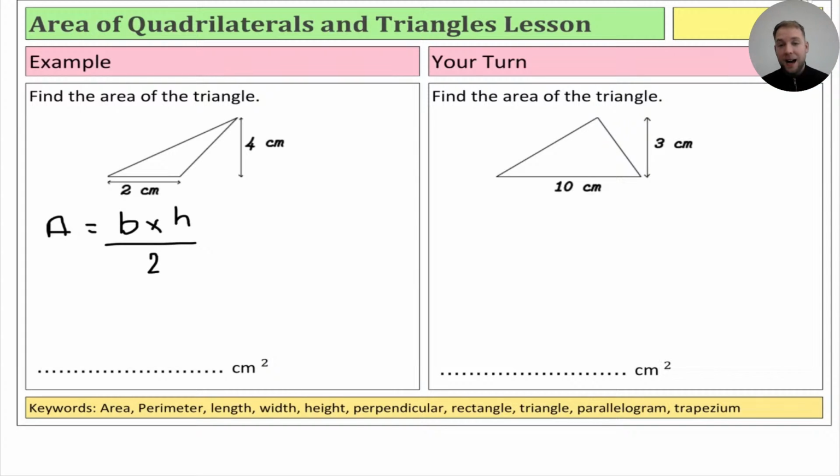It's the base times by height divided by 2. And in this case, the one on the left-hand side now, I want you to be getting this in your red book. Get it in your notes. The base is 2. The perpendicular height is equal to 4, so times by 4, then divided by 2.